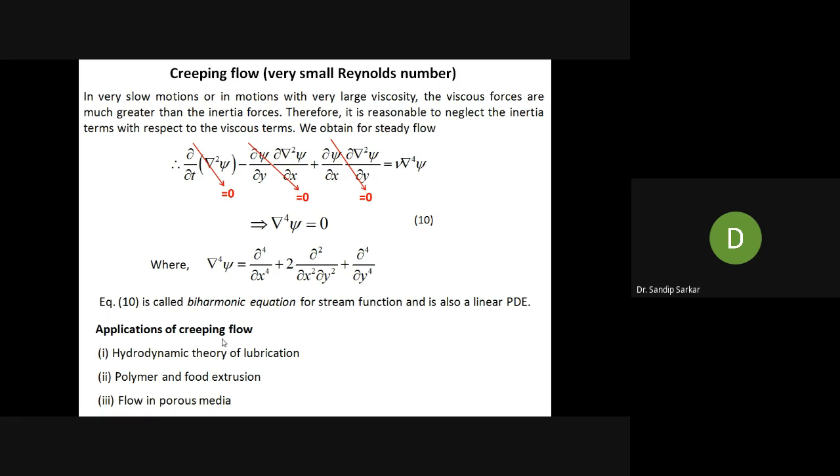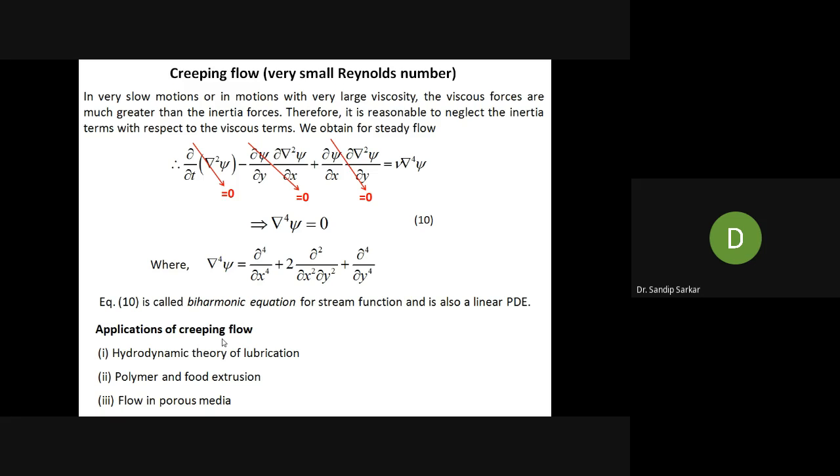Creeping flow is a particular type of flow where the Reynolds number is very, very small. For example, if you see the glacier, how the glacier is flowing from one point of mountain to another point of mountain, maybe from the peak to the crest. But the flow is very slow.